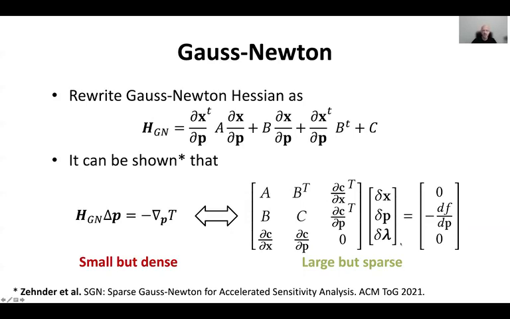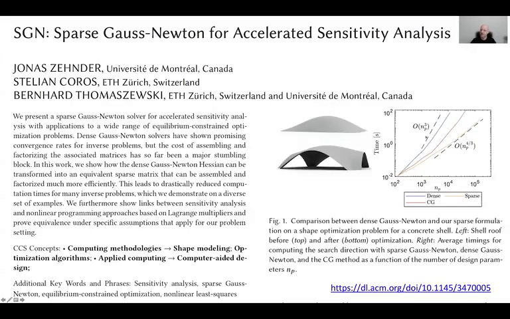And in general, for the problems that we're interested in, particularly with a rather large number of parameters, it turns out that solving this large but sparse linear system is asymptotically faster than solving the dense system. This is just one illustration that you see here, which just scales a lot better with increasing number of parameters.